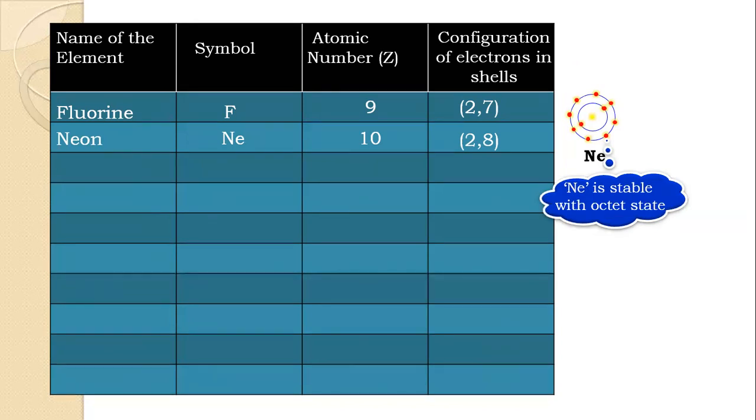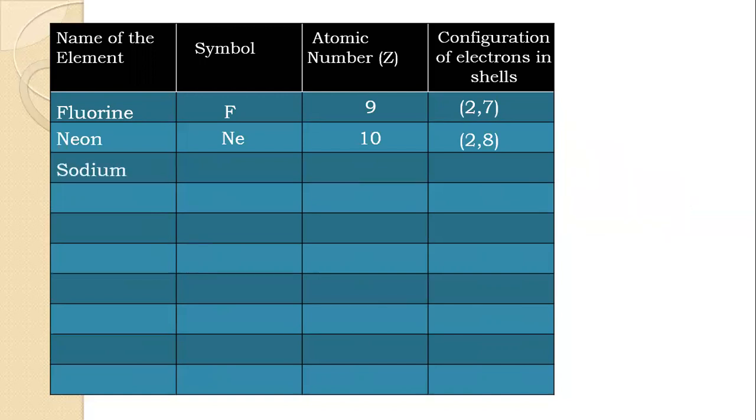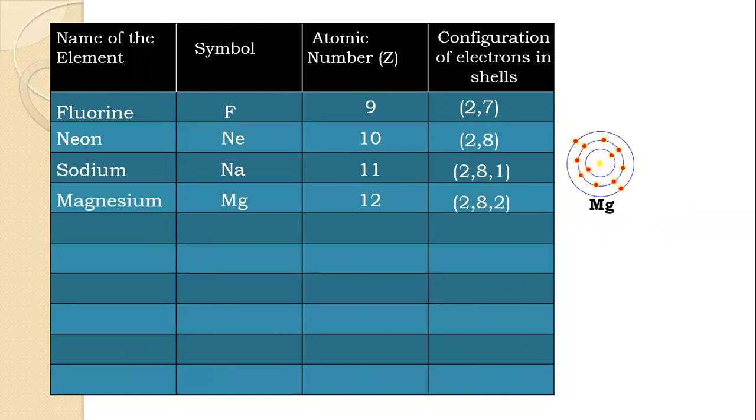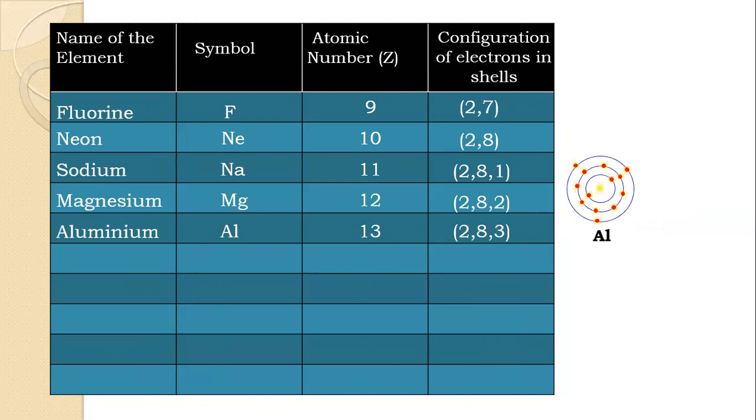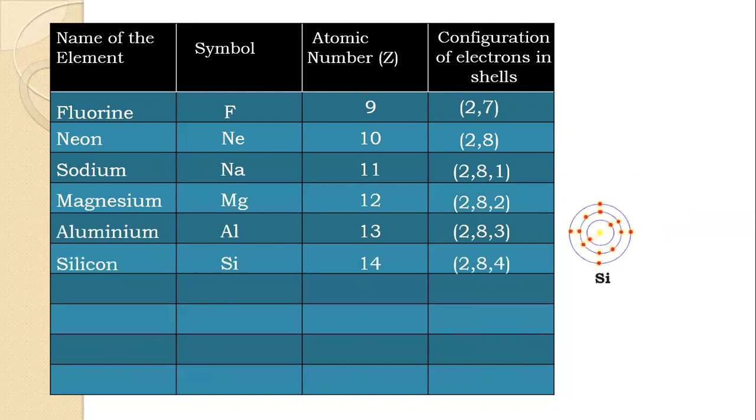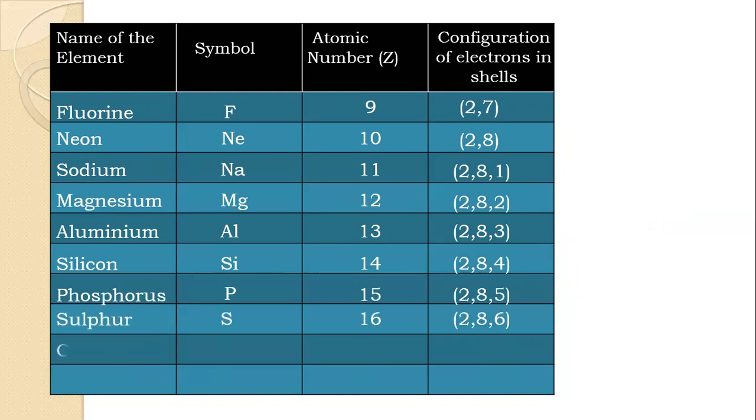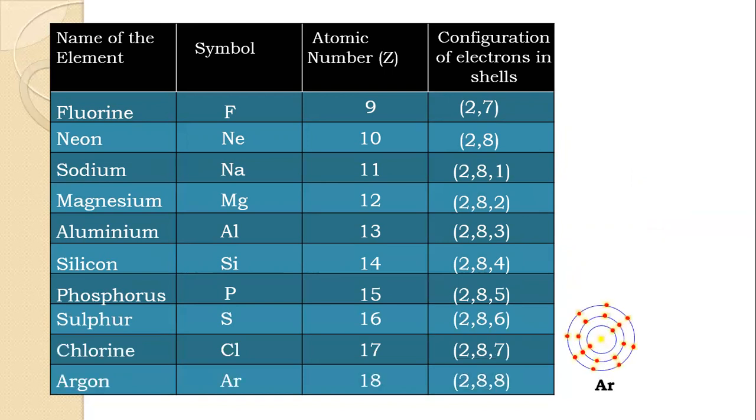So in a similar way, the other elements like sodium, magnesium, aluminium, silicon, phosphorus, sulfur, chlorine, and argon. In a similar way, students, if you check, all these elements are also having the same type of electrons in the third shell, which for them is the last shell now.